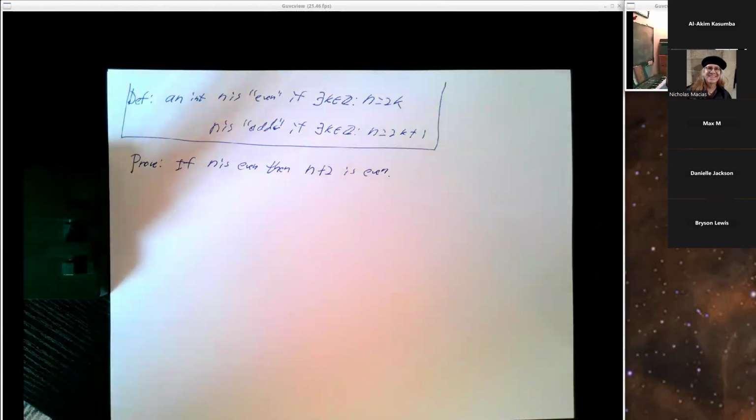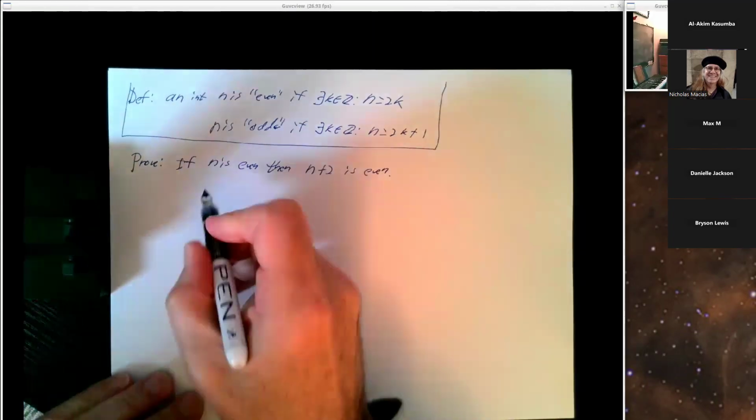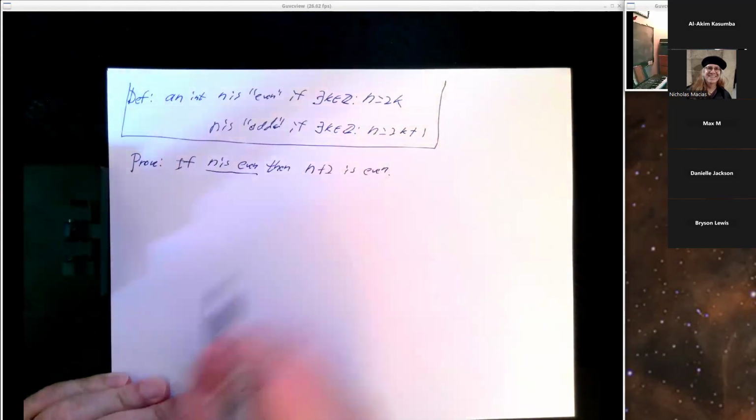Now, we kind of know this from experience, right? 10 is an even number, 12 is going to be even. If I add 2 to an even number, I'm going to get an even number. But let's try to actually prove this. And we're going to use a direct proof. So this is my hypothesis.